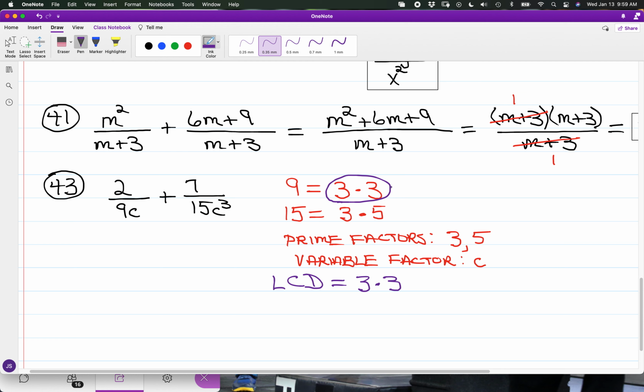In the case of 5, this comes only from 15. And for the variable factor c, you're looking at the highest degree appearance of c, and that's c to the third. So we have the least common denominator: 3 times 3 is 9, times 5 is 45, and we have c cubed.